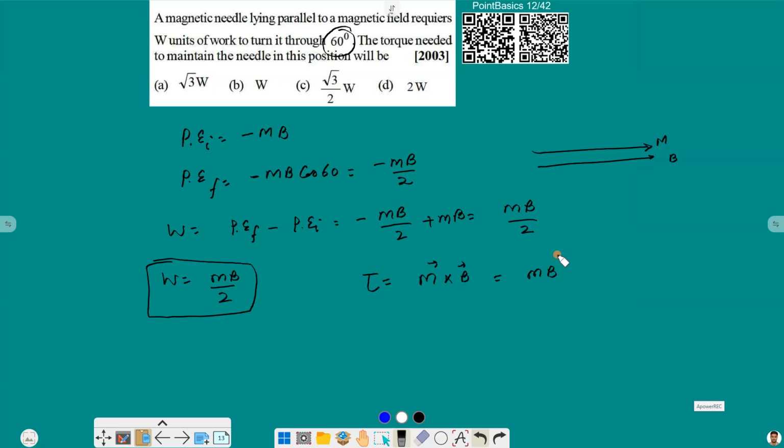Sine 60 is root 3 by 2. Now from this we can say MB is equal to twice W. So MB is equal to twice W by root 3, into root 3 by 2, so the torque is W root 3. That is option A for us.